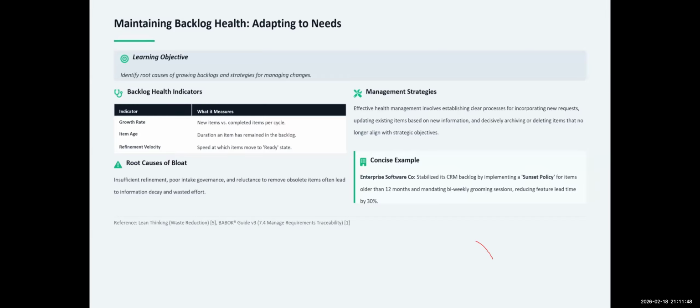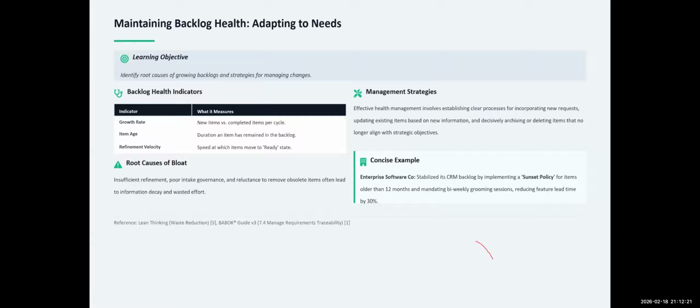So I've touched a little bit on maintaining the backlog. In the introduction, I said that one of the challenges you have with backlogs is that they can continue to grow, and things are not moving out. So one of the ways to check your backlog health indicator is to check the growth rate.